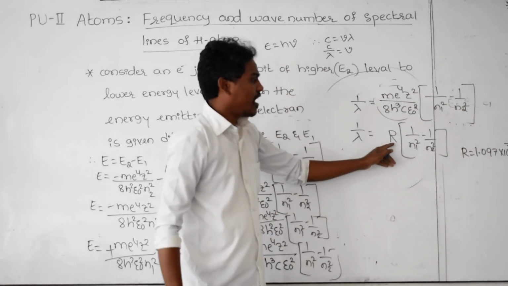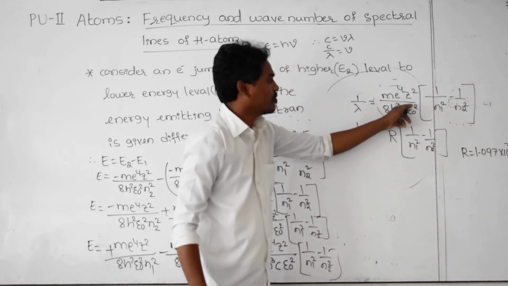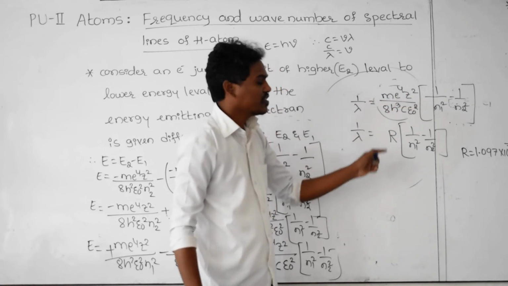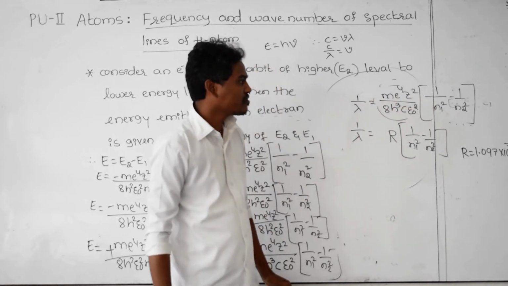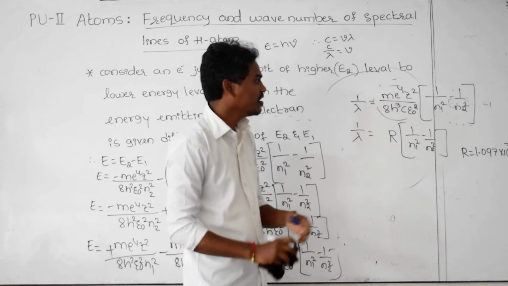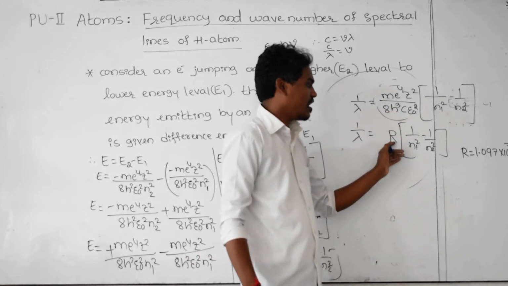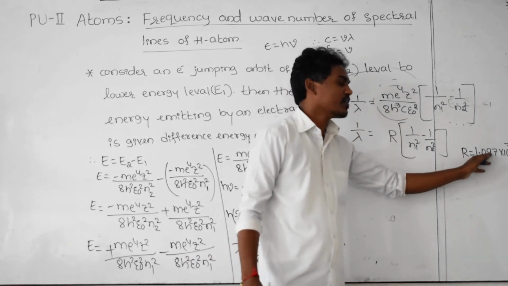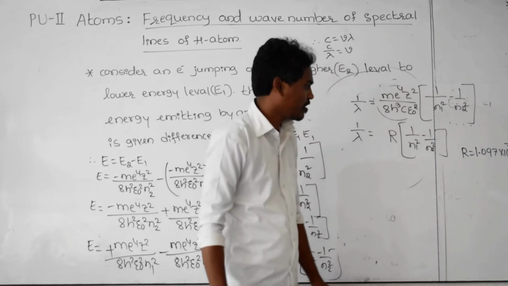You can just substitute all the values, and that need not be calculated. If you calculate R, you get 1.097 into 10 to the power of 7 per meter.